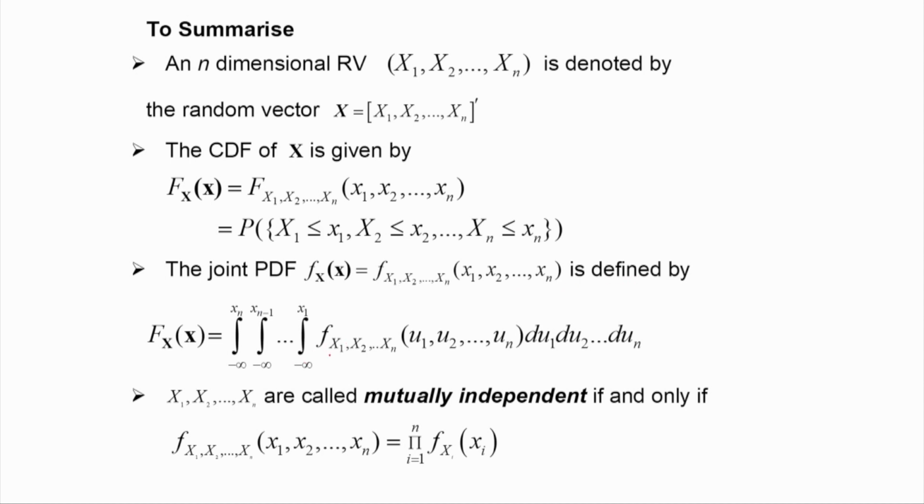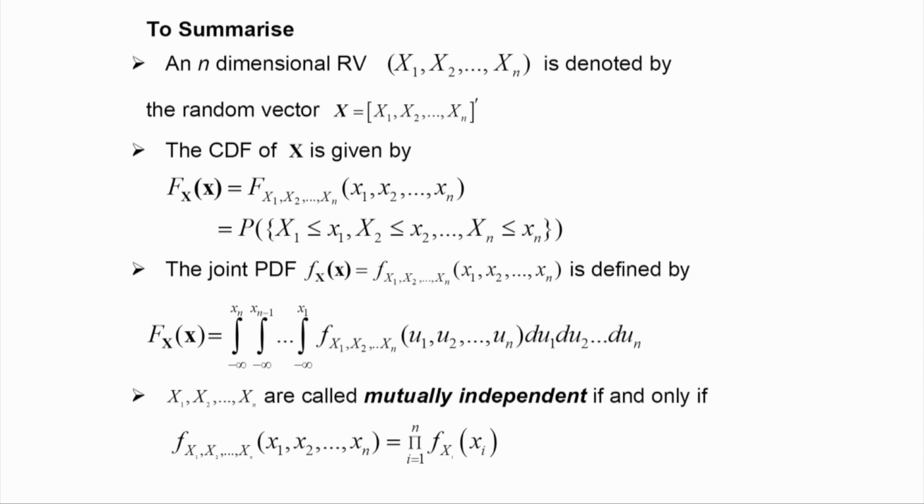This is n-fold integration, that is, joint CDF is the n-fold integration of the joint PDF with respect to its parameters. So, that way we defined the joint CDF, joint PDF, and also we defined the joint PMF for a collection of random variables, and random variables are represented as a vector, and then we got this quantity.